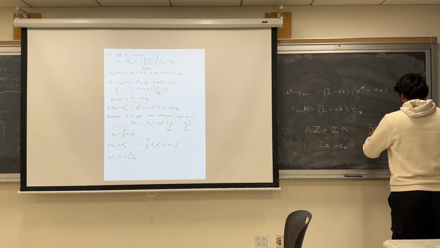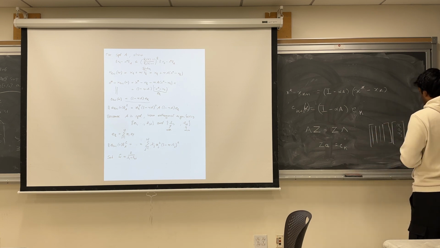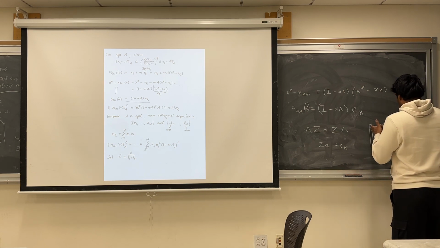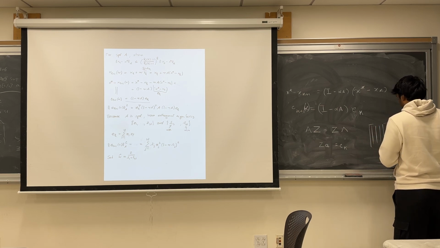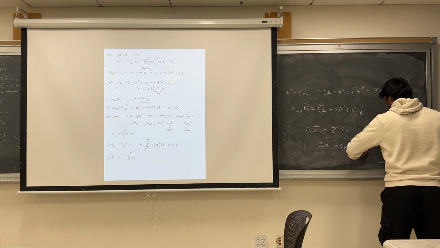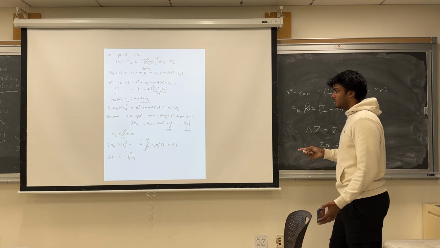Let me convince myself that I am doing something not extremely wrong. It's a linear combination of all of these columns, right? Z a is e_k, that's what I'm writing.